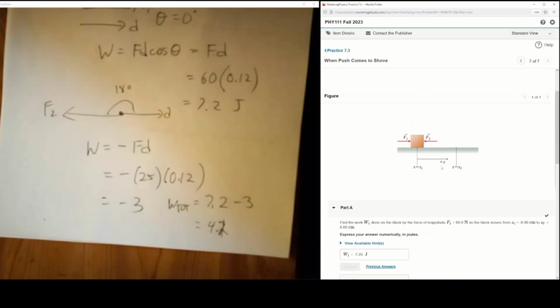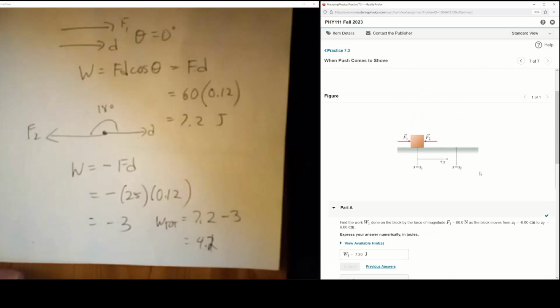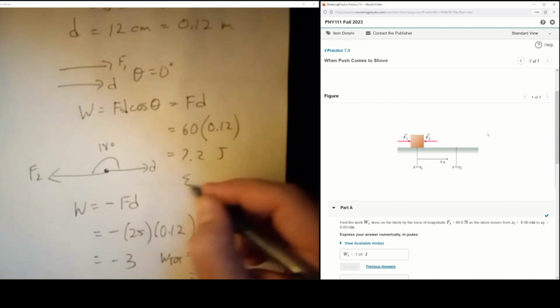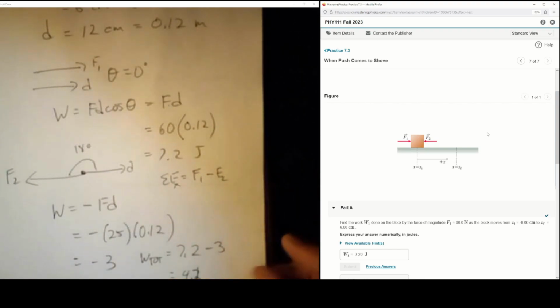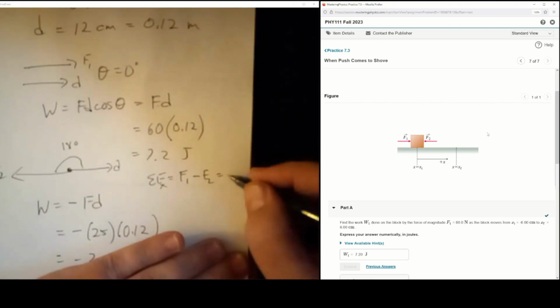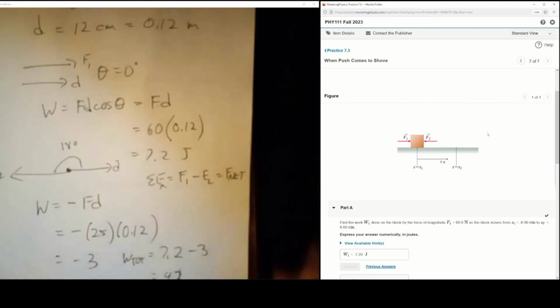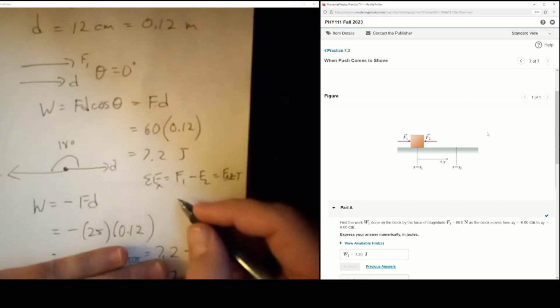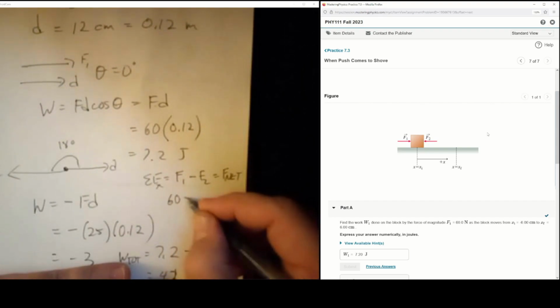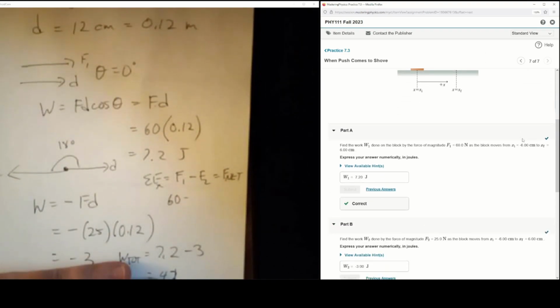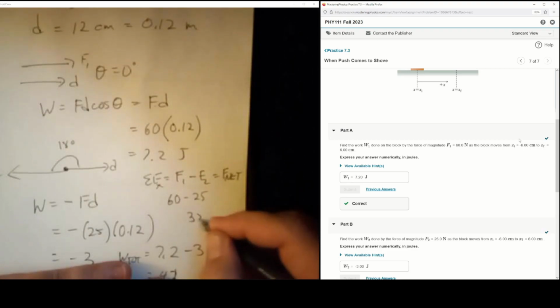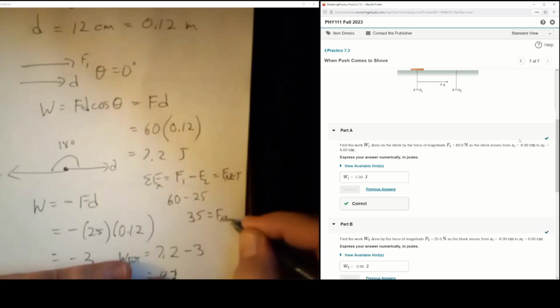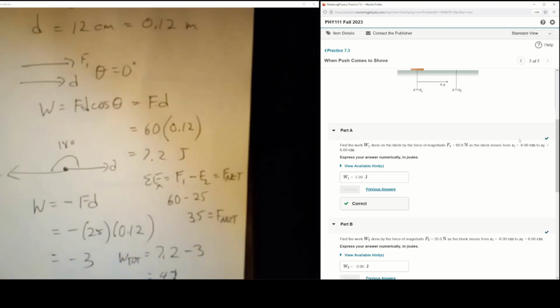The other way we could have obtained this is getting the net force. If we look at the sum of forces in the x direction, we have F1 to the right, F2 to the left, and this equals the net force. F1 is 60 and F2 is 25, so 35 newtons is the net force.